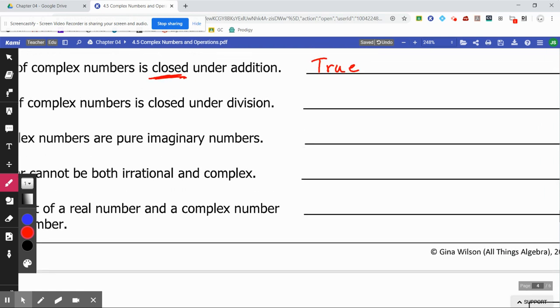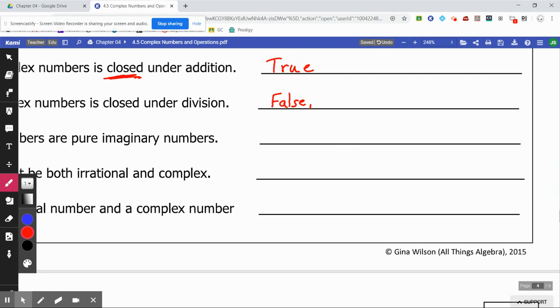So this is actually going to be false. Because here's my counterexample, if I take any complex number, let's use 3i for an example, and I divide it by 0, I do not get another complex number. Even though this was a complex number and this was a complex number, this is undefined. You don't get another complex number when you divide it.